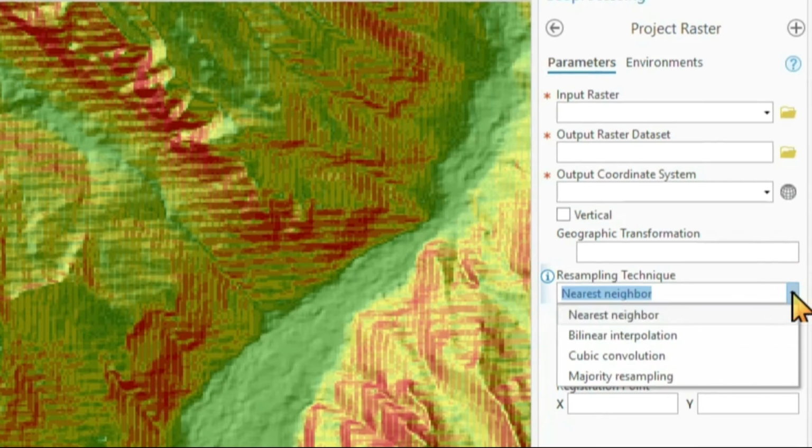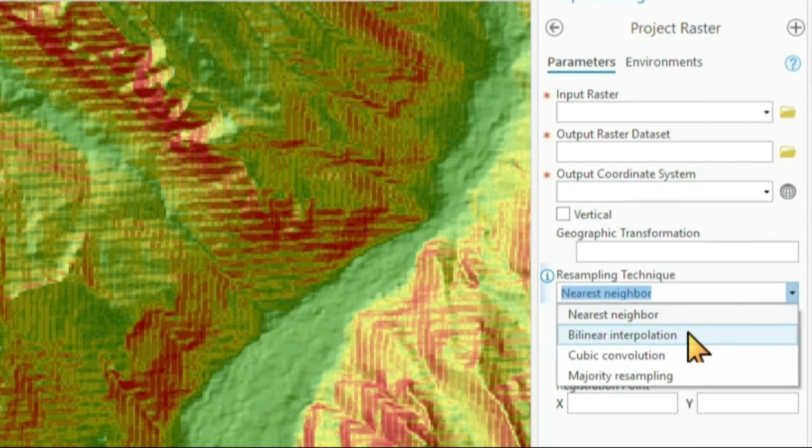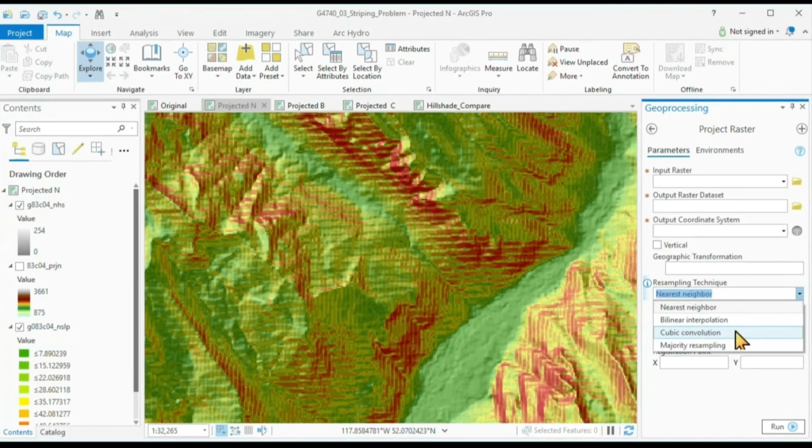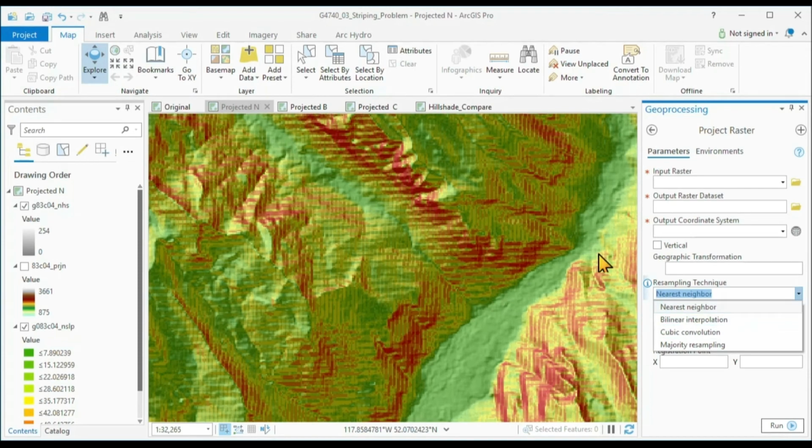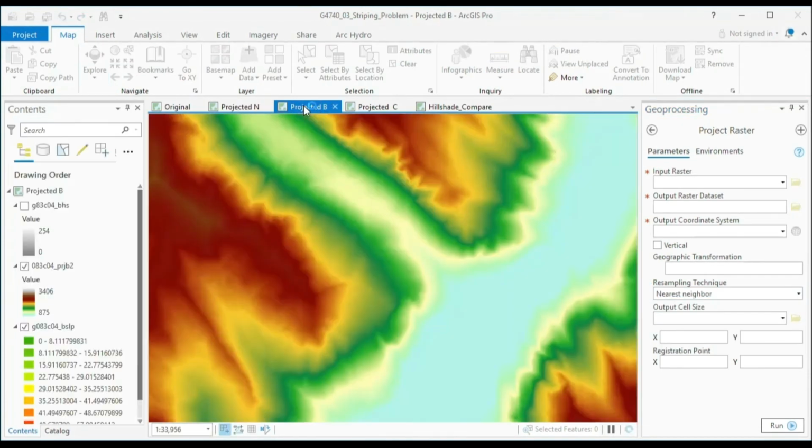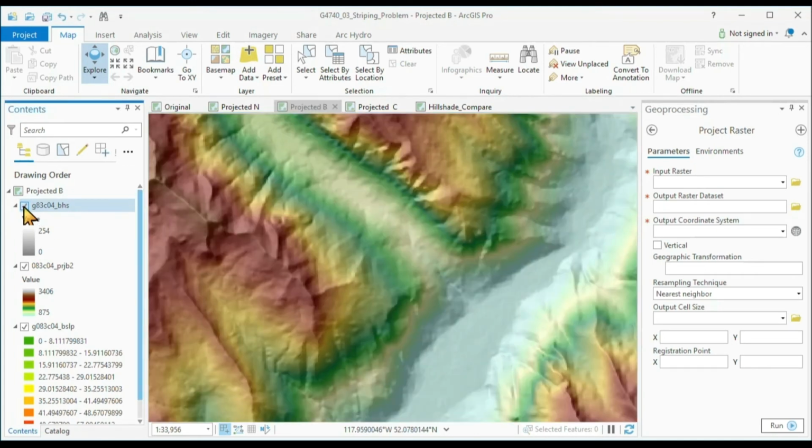We have other options. We also will look at the bilinear interpolation and at the cubic convolution interpolation. Let's look at bilinear. Here's our elevation model. Here's our hillshade. For the first time we see a hillshade that makes sense. We can clearly see the ridge line, and we can see valleys down here.